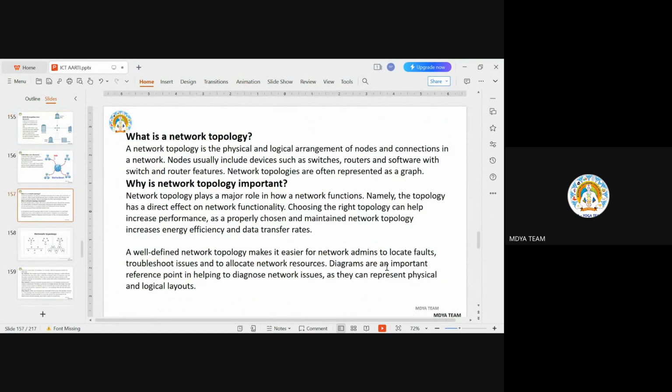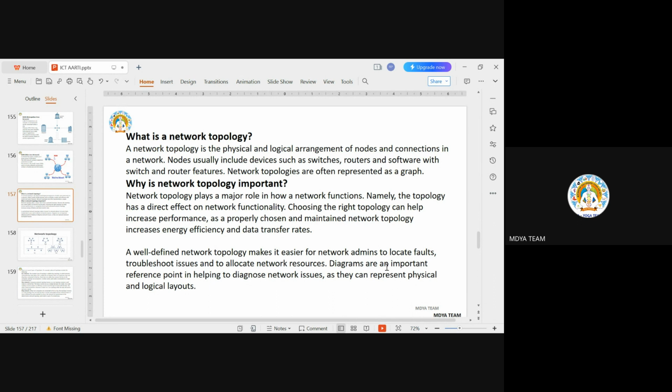What is network topology? Take the example of a school or a college. In the computer lab, you sometimes see computers connected in different ways. Sometimes they are connected in a line, sometimes across a whole room.